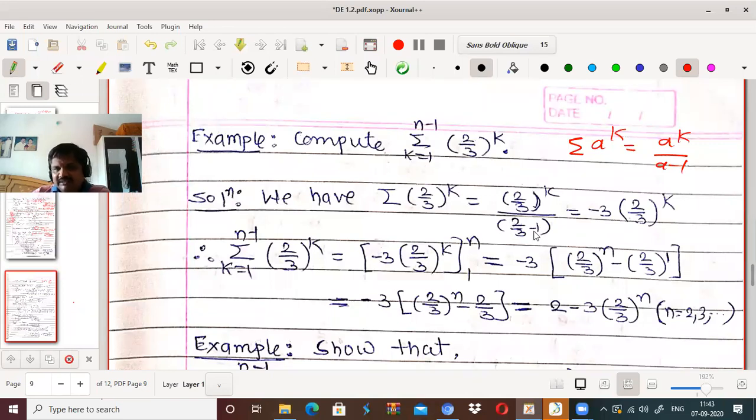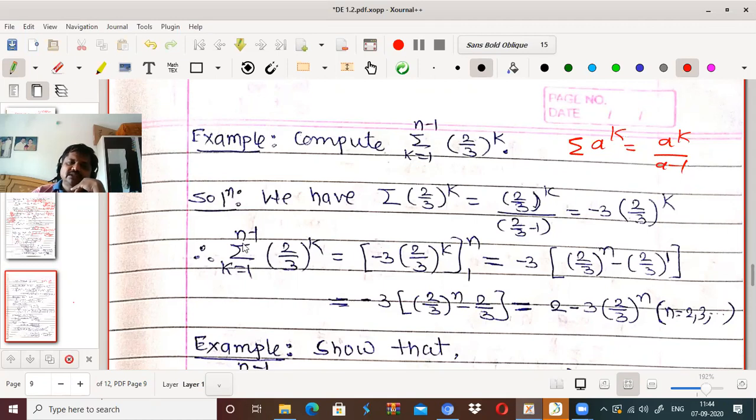Now 2/3 minus 1 is what? 2 minus 3 upon 3, that is minus 1/3. The denominator is minus 1/3, we take it to the numerator, so that is minus 3 into (2/3)^k. Therefore the definite summation from k equals 1 to n minus 1 of (2/3)^k equals minus 3 (2/3)^k from 1 to n.